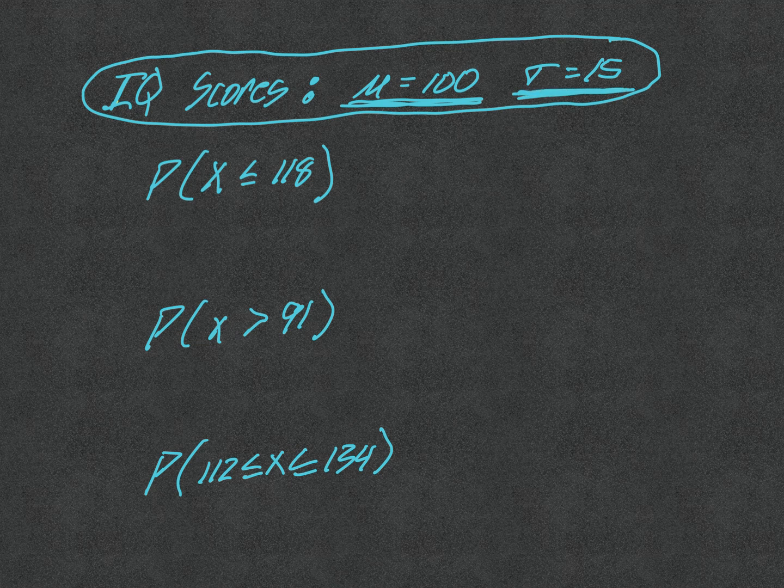Can you find the probability that a score on the IQ test is less than or equal to 118? So let's go through the three procedures. The first thing I would do is draw a graph.